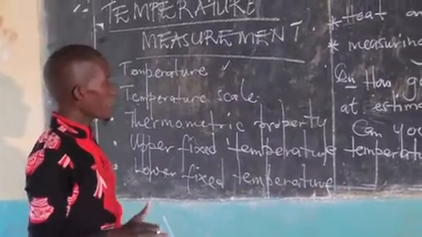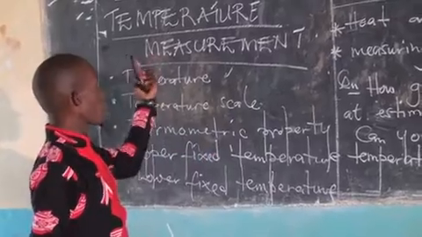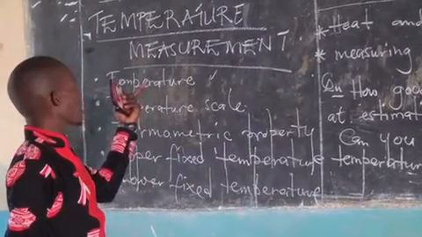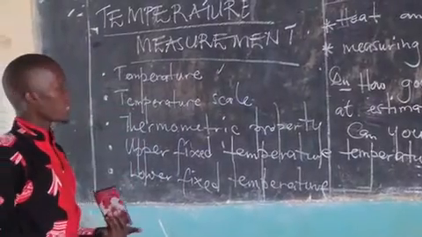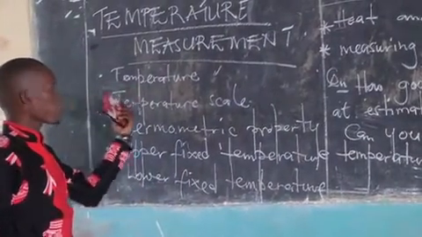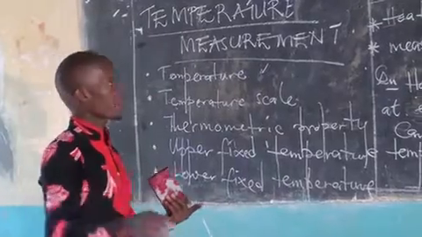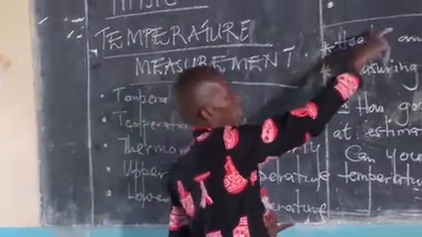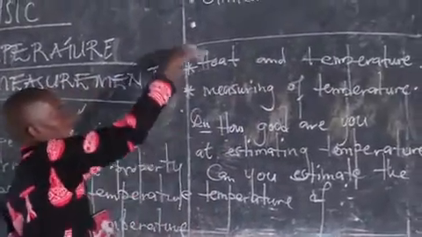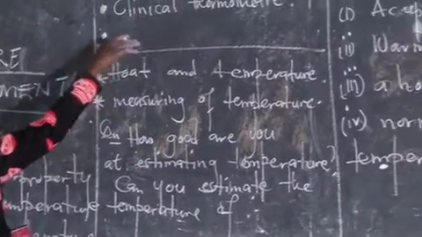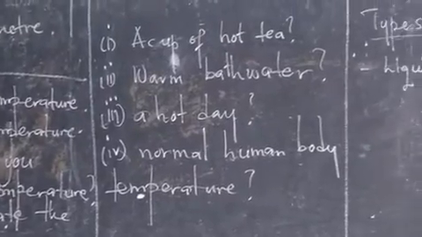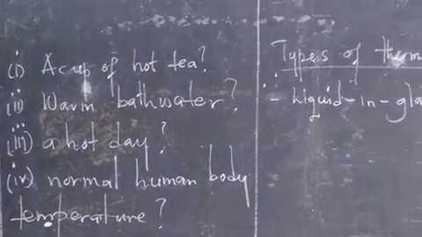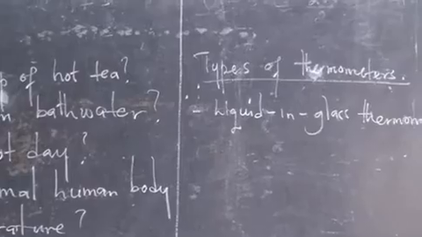But remember, we started with the temperature measurements. We talk about temperature, but under temperature we have heat and temperature. You just get to know the definition of heat and temperature.